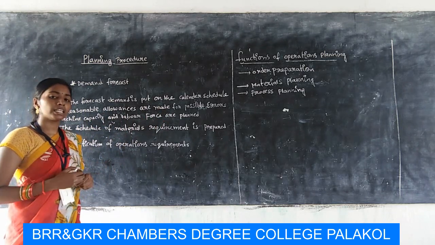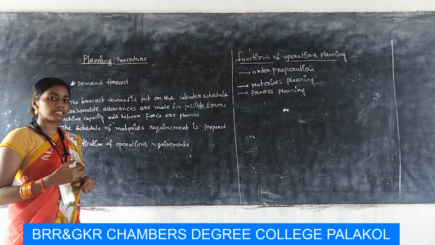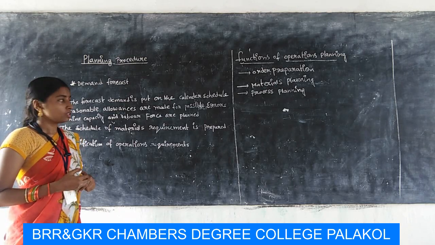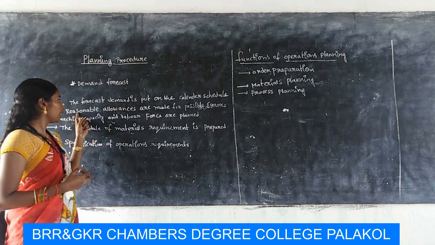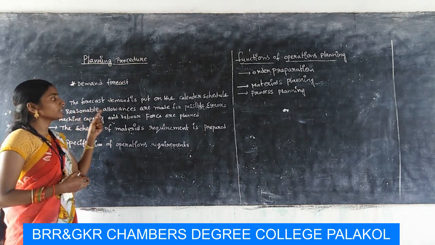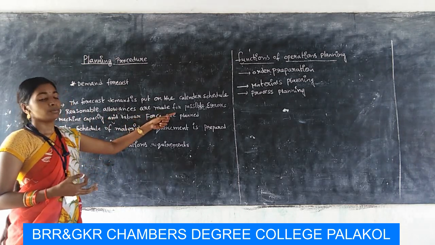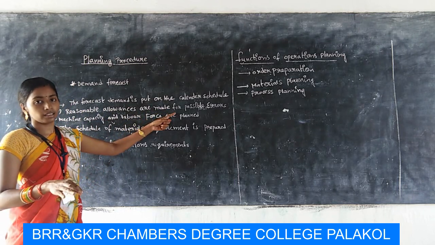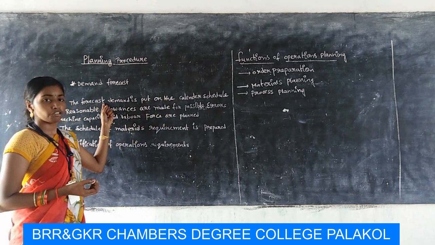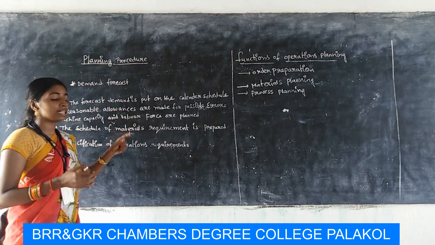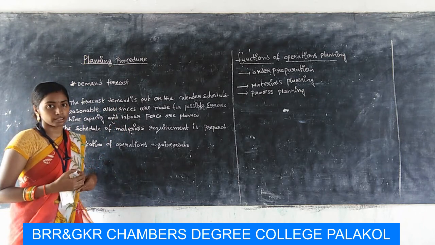The next one is that reasonable allowances are made for possible errors in the estimation process. When we are estimating demand, it is nothing but our assumptions, right? So, there may occur some problems. So, we have to arrange reasonable allowances for possible errors. If any errors occur in the estimation of demand, then we have to make some allowances to correct that demand forecast.